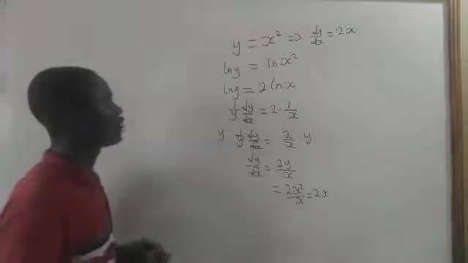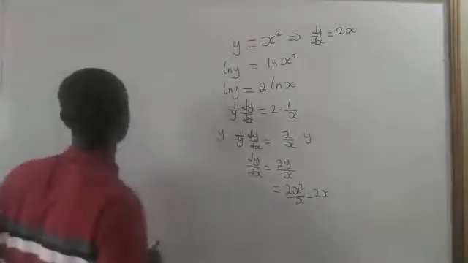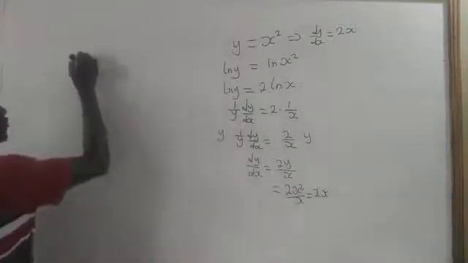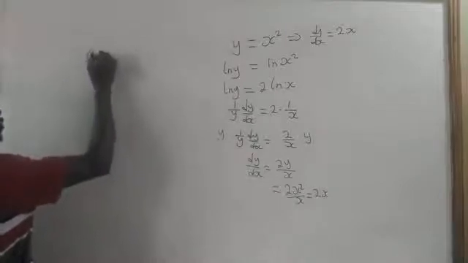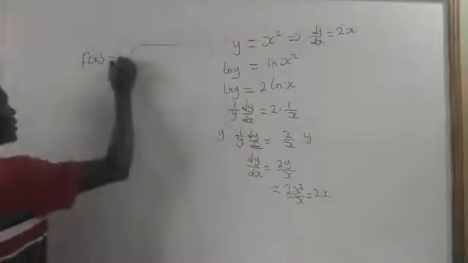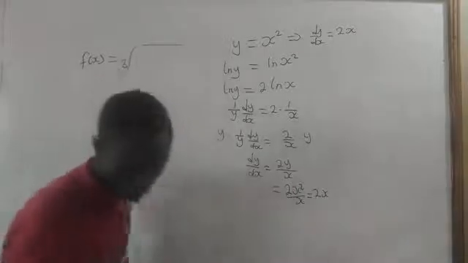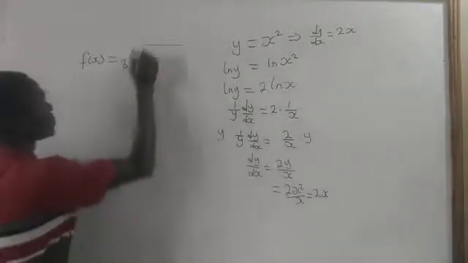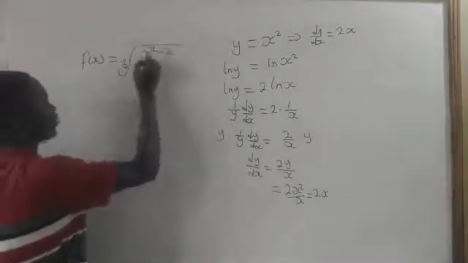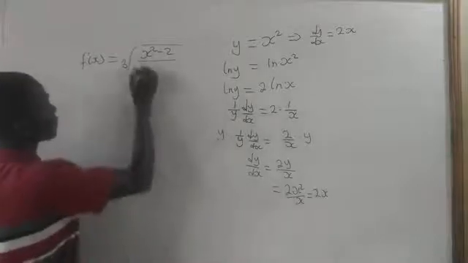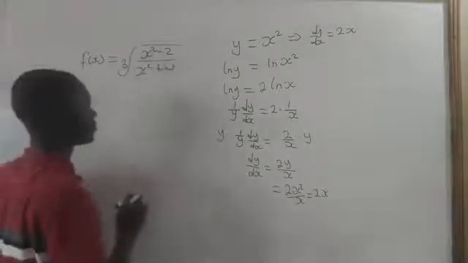But if you get this type, let's see, if you have f of x equal to the cube root of, I have a very nice question here, x squared minus 2 divided by x squared plus 4.